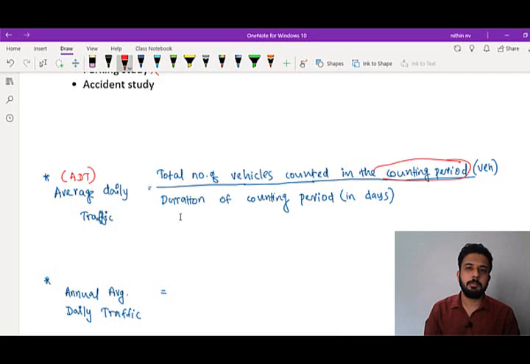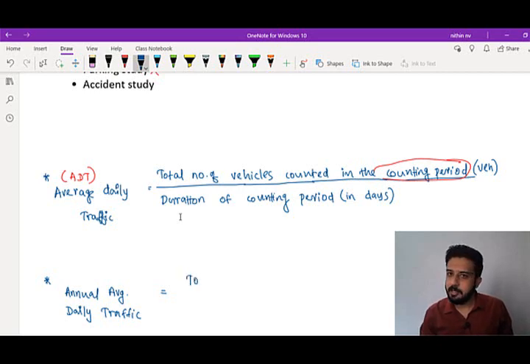I told you it can be any duration, 1 week, 1 month, or 10 days or 3 months, anything. If that counting period is 1 year, completely in 2020, we are counting the number of vehicles and taking that very big value. If you divide that value by the number of days, what will the number of days be? 365 days in that particular year.